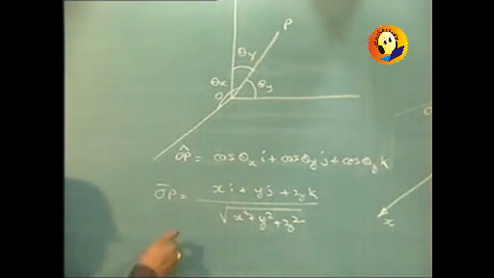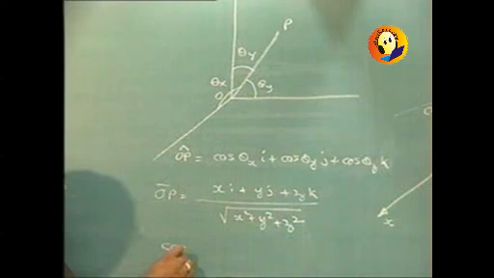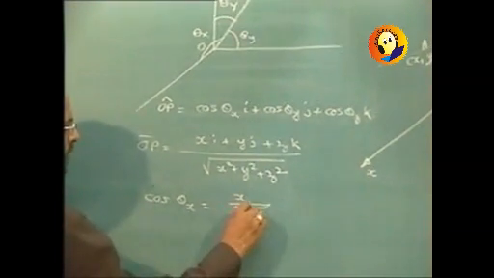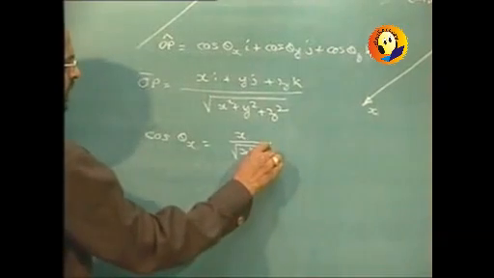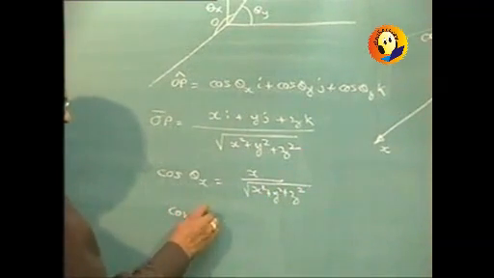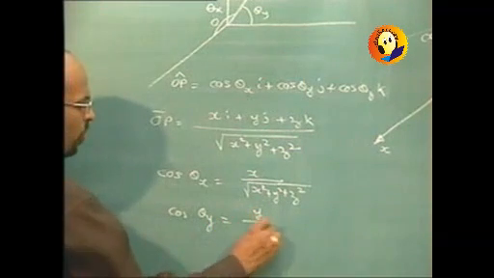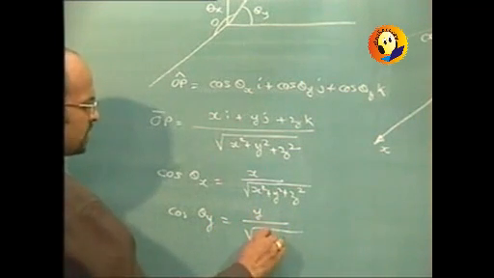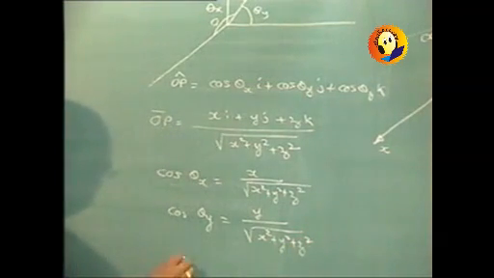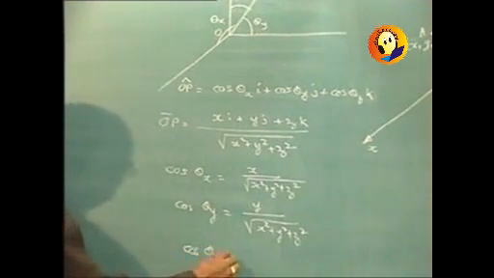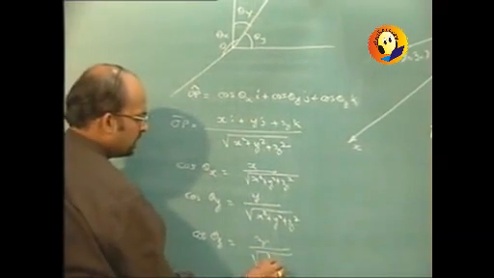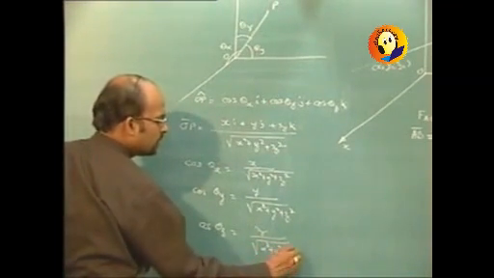And so just by comparing these two, we will get cos theta x equal to x upon under root x square plus y square plus z square, cos theta y as y upon under root x square plus y square plus z square, and cos theta z is equal to z upon under root x square plus y square plus z square.